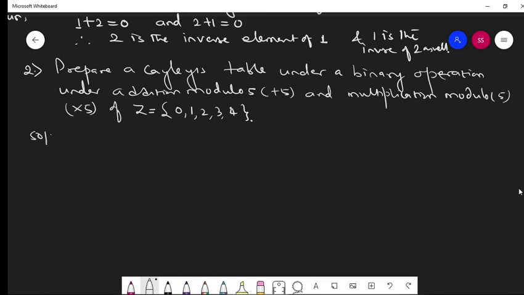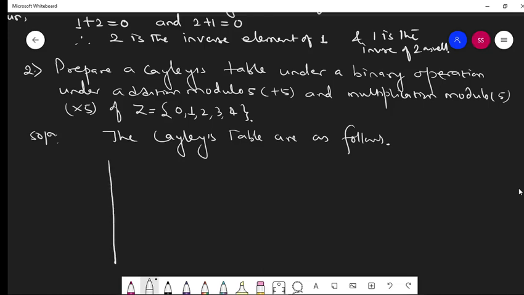And now the solution, just how to make the table I will show. First the Cayley's table are as follows under both conditions. Firstly, if there are 5 elements, 0, 1, 2, 3, 4, we have to make a 6 cross 6 table. So here I have written plus 5, addition modulo 5.